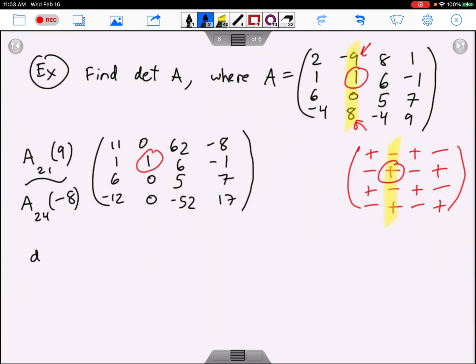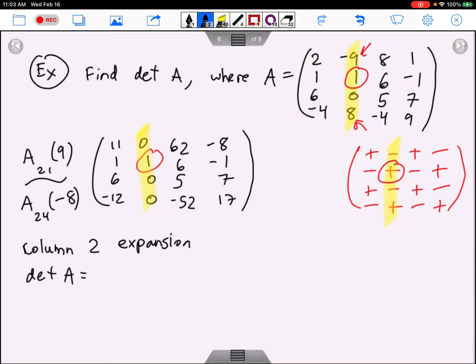Okay, so the determinant, again, I want to really specify here that this is column 2 expansion, right? We're doing column 2 expansion. So the determinant of A is going to equal, we don't need to write all the other cofactors because they're all going to be 0.